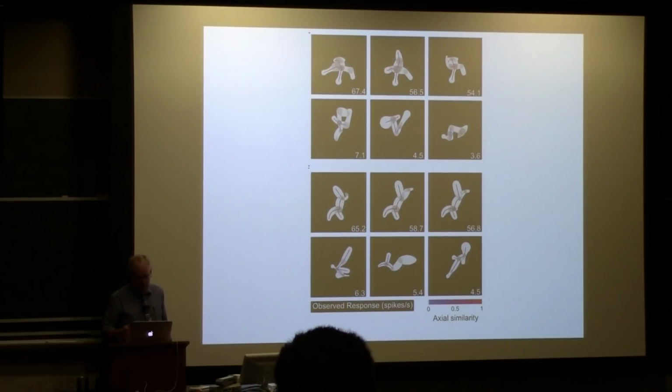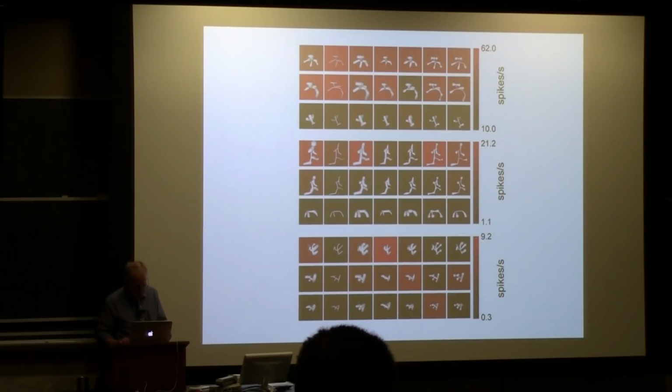So TE neurons compress object information, particularly information about objects that have elongated parts with medial axis coding of elongated structures.